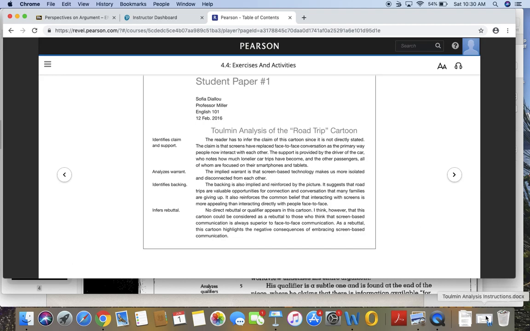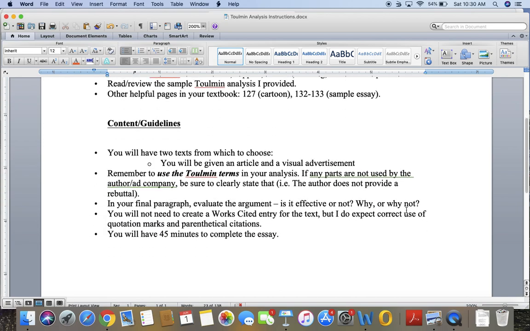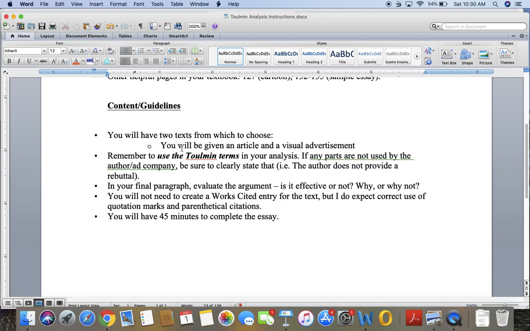All right, and then I wanted to go over also really quickly kind of what this assignment is going to look like. So obviously, before you do the in-class essay, you want to make sure you understand the terms. Look over these examples that I've provided, and then I have the page numbers in your textbook. So basically, what I'm going to do is give you both an article and a visual advertisement to look at.